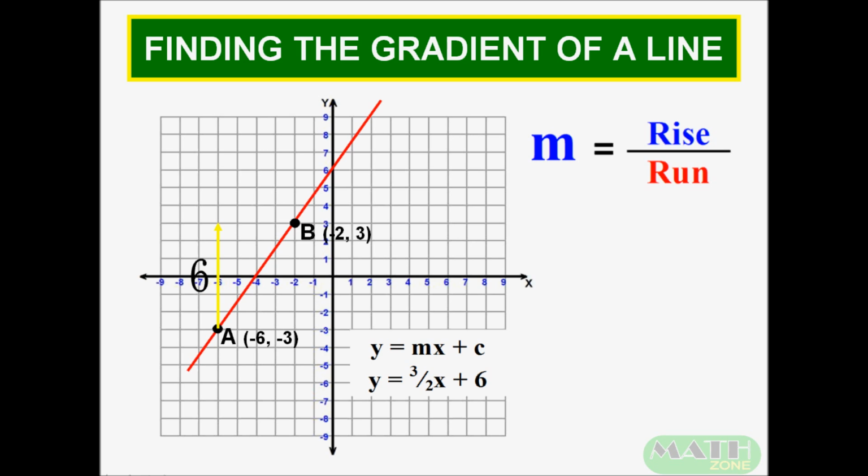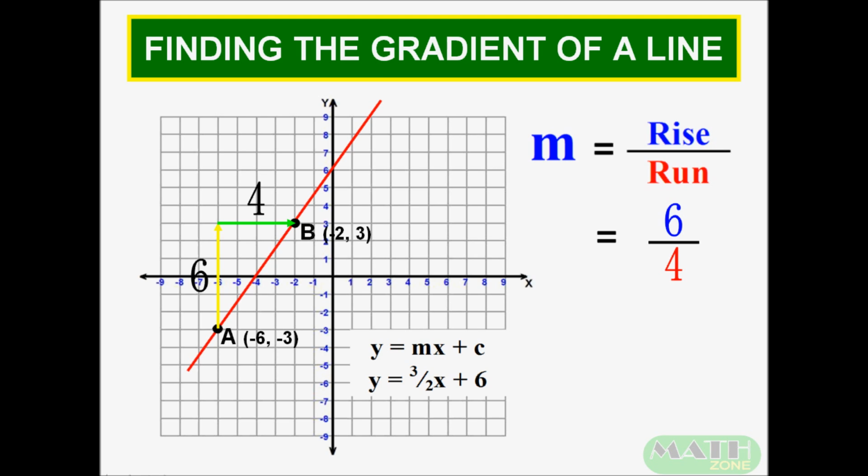So we rose by 6 units, and we have to insert that. Now let's move across along our x. So we are running across our x. How many units did we run across our x? That would have been 4, which means that we will simply replace run with 4.